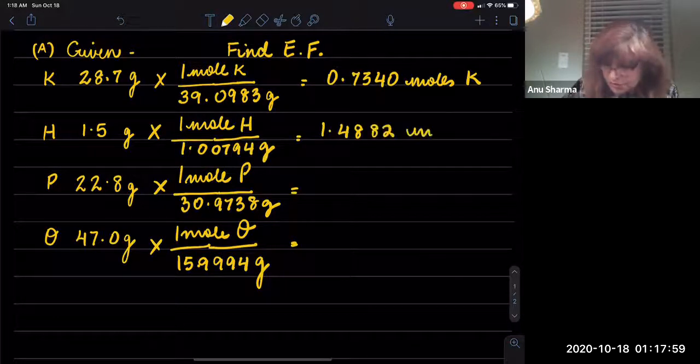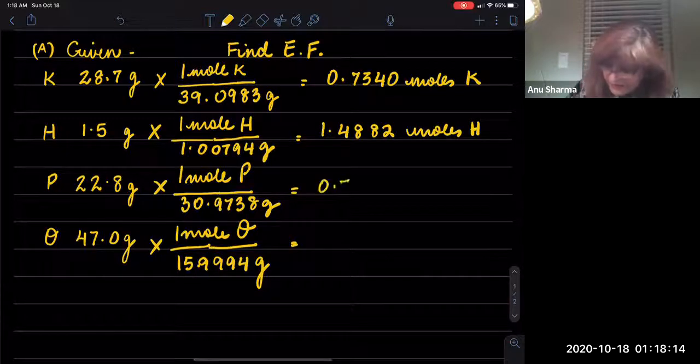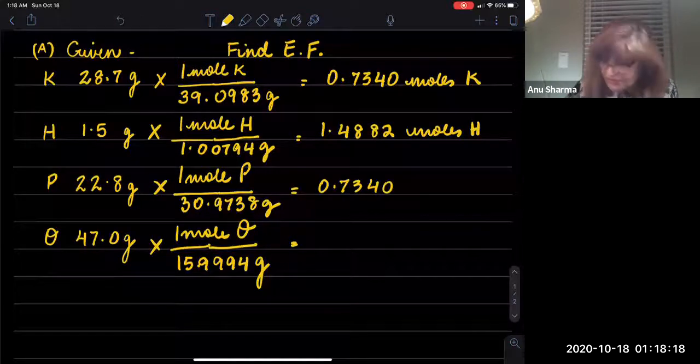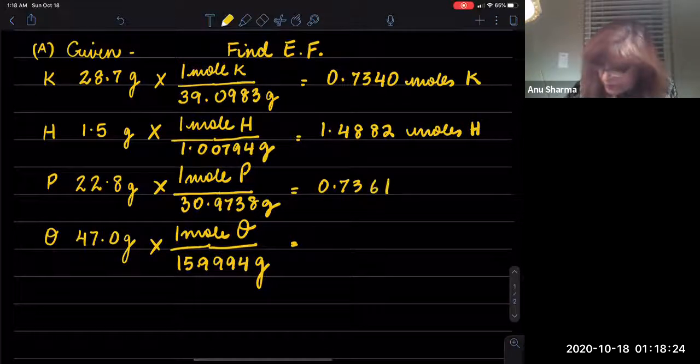For phosphorus, we are going to take 22.8 grams times 1 divided by 30.9738 grams, and that gives you 0.7361 moles of phosphorus.